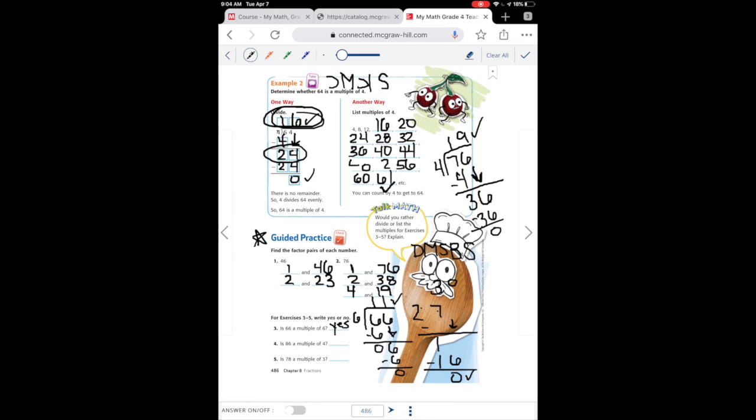Is 86 a multiple of 4? If I skip count by 4, will I ever say 86? 4, 8, 12, keep going. Giving you a minute to skip count. Did you say 86? Okay, now take a minute and try and divide 86 by 4.